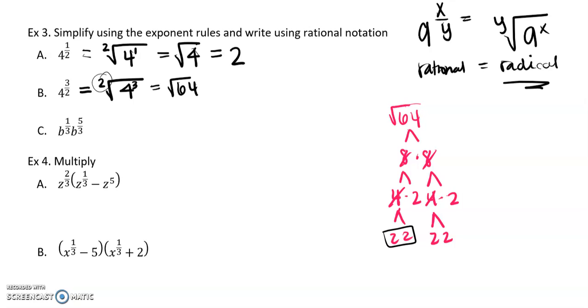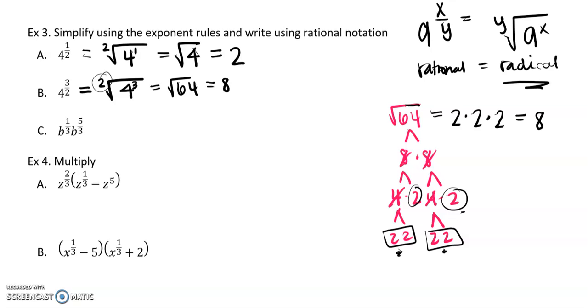So here's a grouping of 2, here's a grouping of 2, and then this 2 and this 2, we could group those together. So we don't have anything left over, but we do have 1, 2, 3 groupings of 2. So 2 times 2 times 2 is 8. And if you memorized it, the square root of 64 is 8. So you could just memorize that.